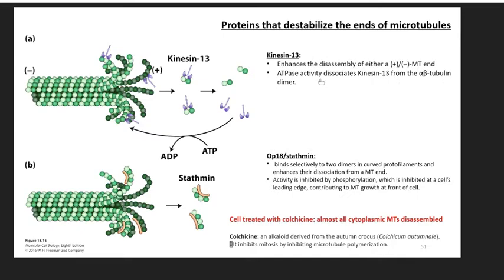If there is ATPase activity, that means ATP hydrolysis, which produces enough energy to remove kinesin so that it can no longer disassemble at the plus or minus end. OP18 stathmin is important because it binds to a pair of dimers. Focus on the pair of dimers versus a single dimer.